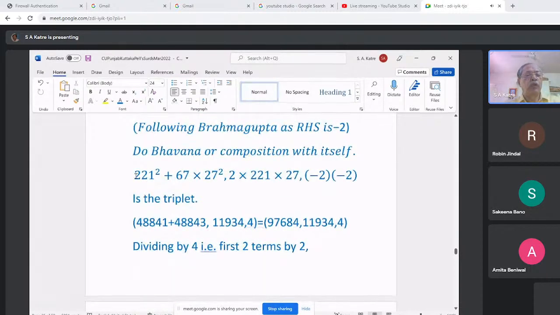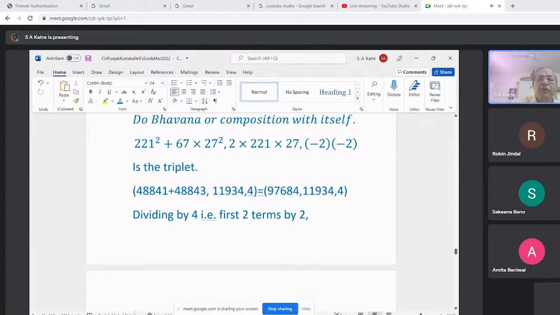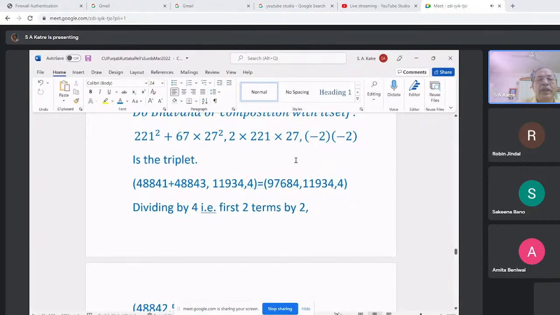Once you compose with itself, by that same Brahmagupta's formula, you get this triple: 221 square plus 67 into 27 square. See, itself means squares are coming there. And now this is 11934, comma 2 into minus 2 is minus 4. So 97684, comma 11934, comma 4. Now divide by 4. That means the first two terms you divide by 2, because the square of this minus 67 into square of this is equal to 4.